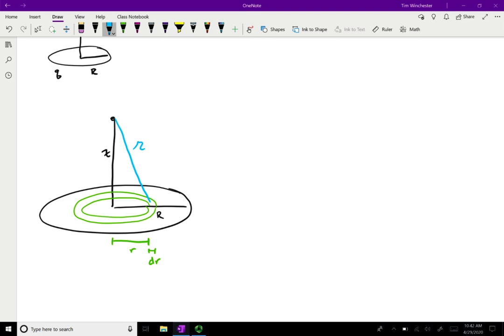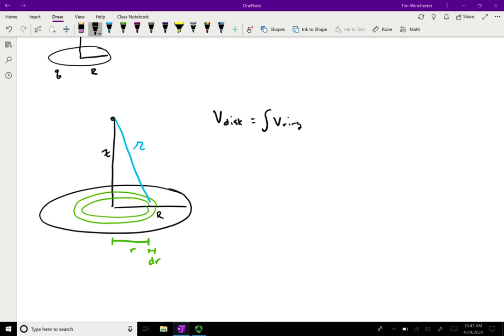Okay, so the idea here is that the potential from the disk is going to be the integral of the potential from a ring. That's how we want to approach this.